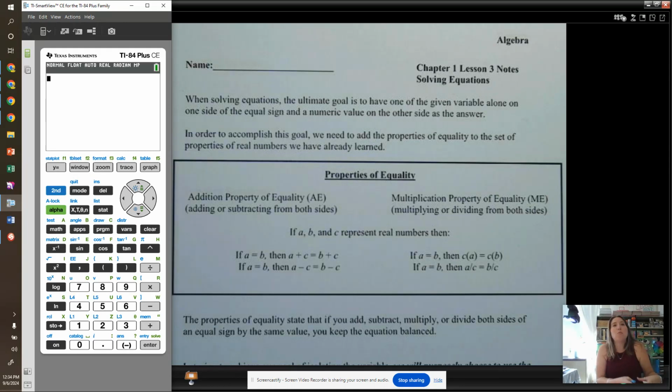So these are just two more properties that we knew already. We just now have names to describe what's going on with that particular concept. Whatever you do to one side, you got to do to the other.